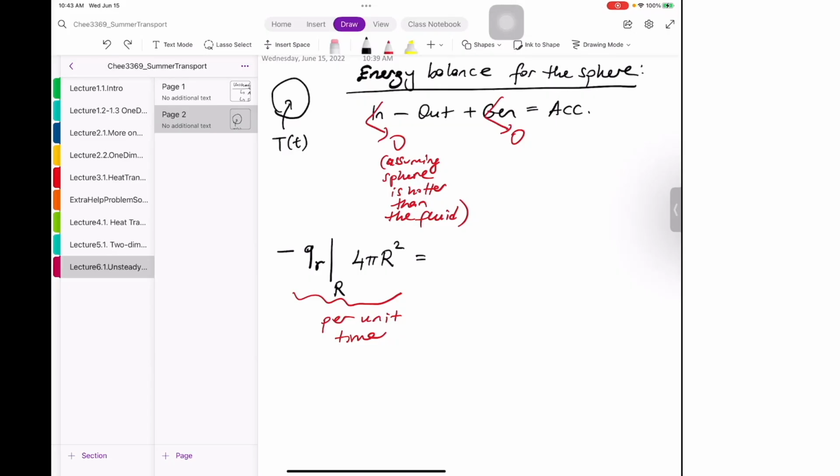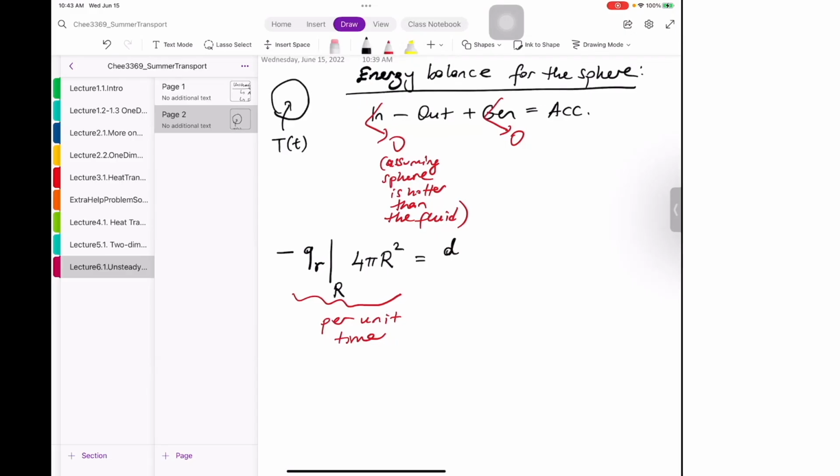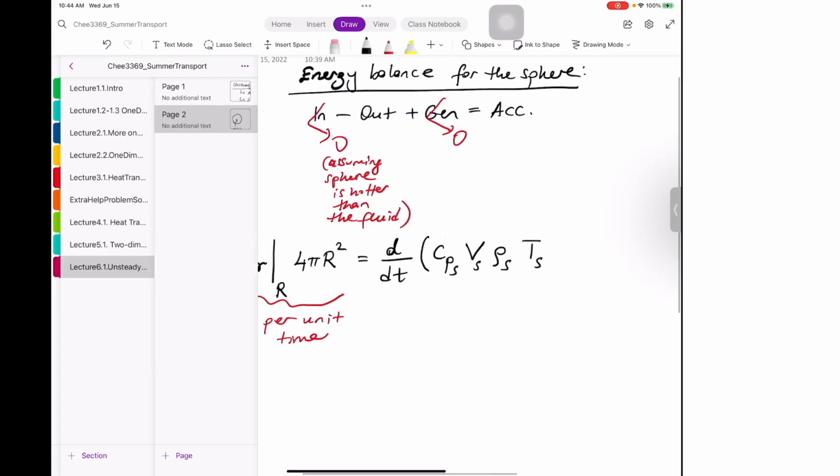So the sphere has a temperature. It's going to have a thermal energy because of its temperature. So I'm going to write down d over d time, rate of change of its energy. The energy of the sphere is nothing but the Cp of the solid times the volume of the solid times the density of the solid times the temperature of the solid.